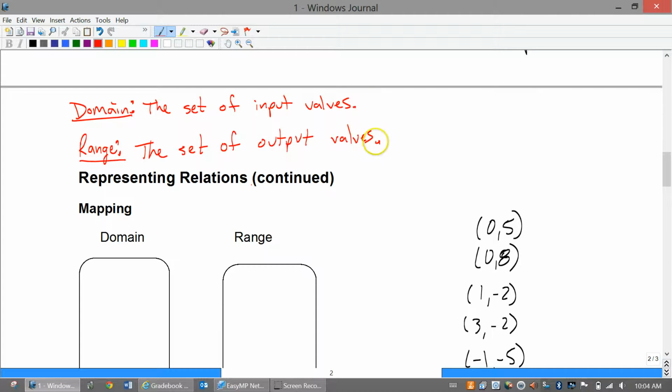In most cases, the domain is typically the X values, all the X values, and the range is typically the Y values.